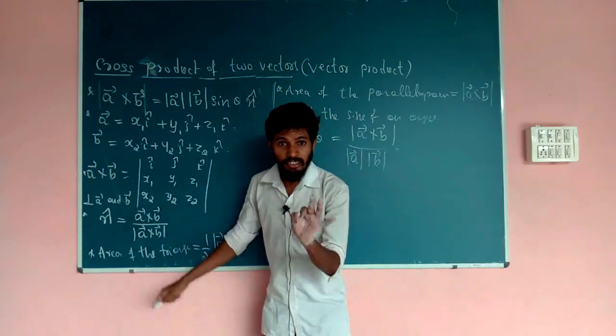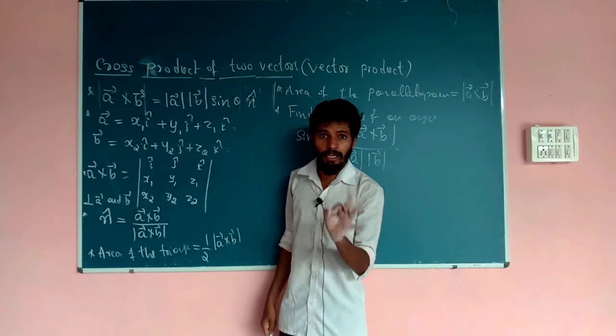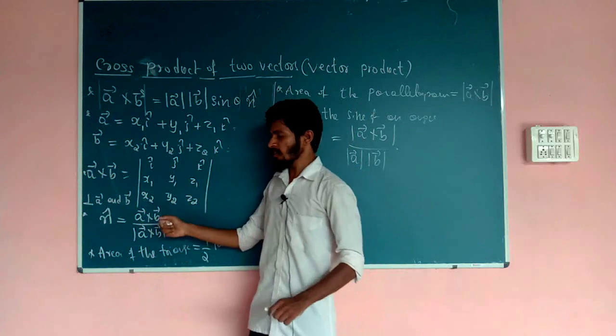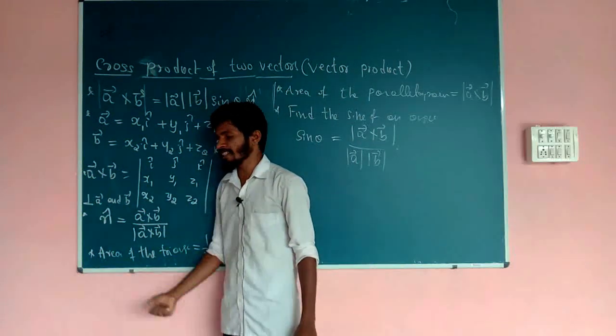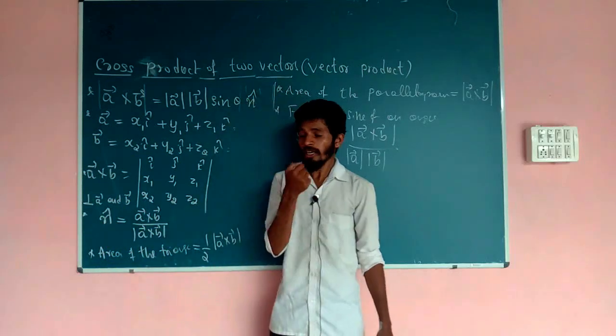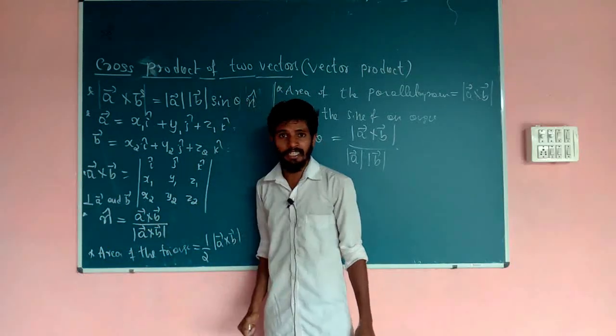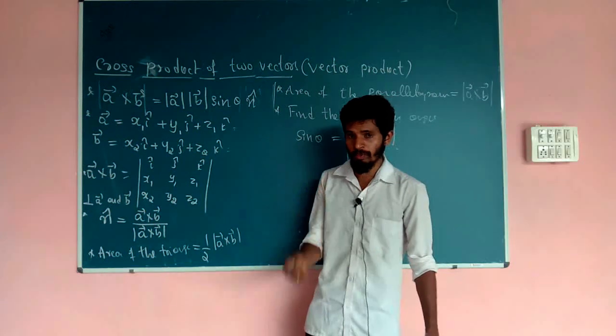Next, to find the unit vector perpendicular or orthogonal to vector A and vector B, n cap is equal to A cross B divided by magnitude of A cross B.